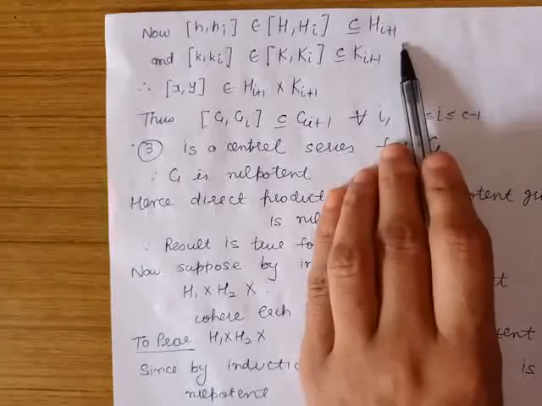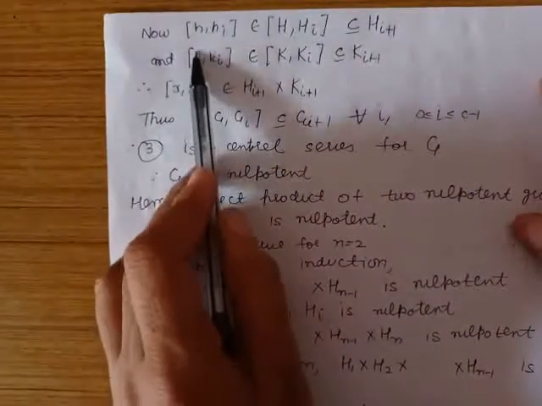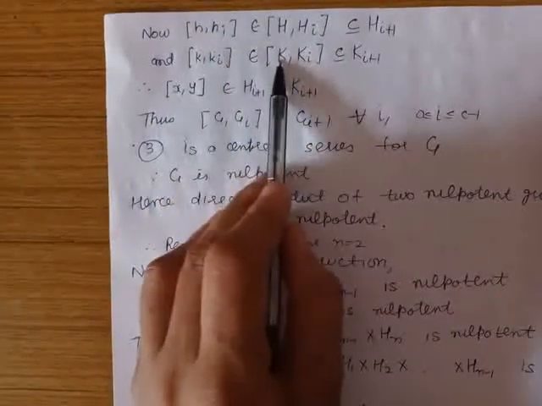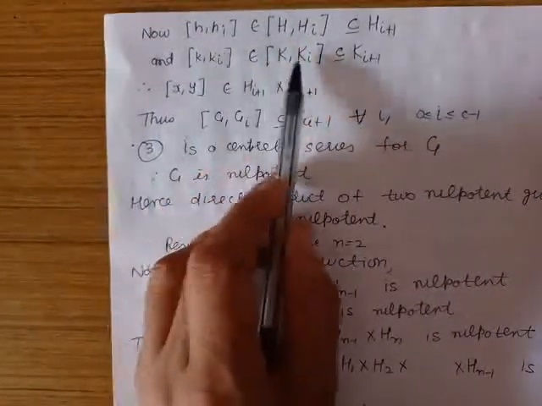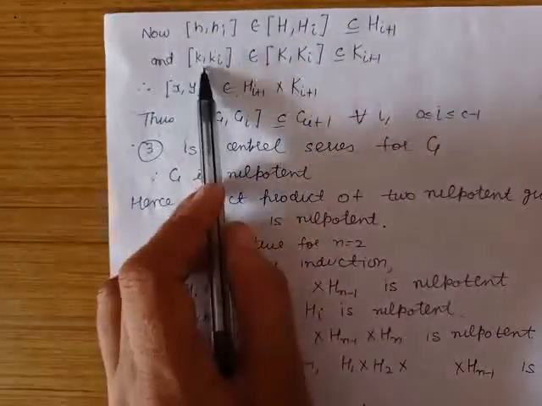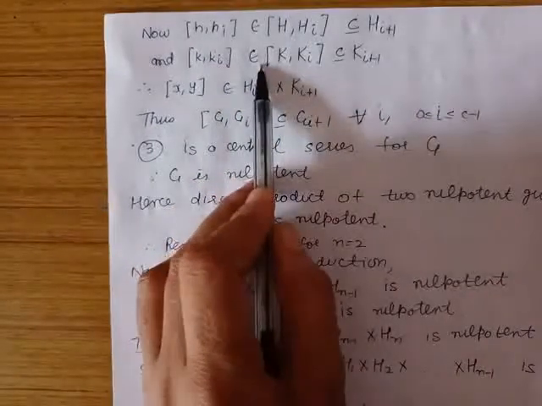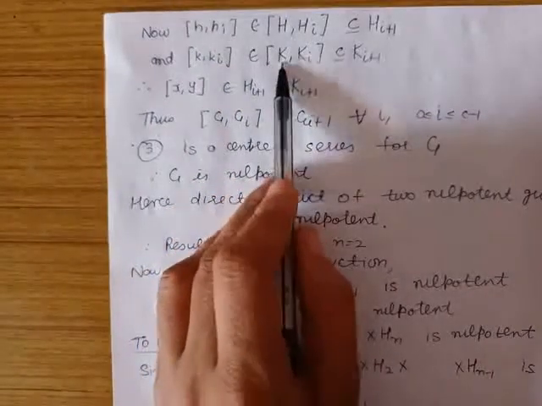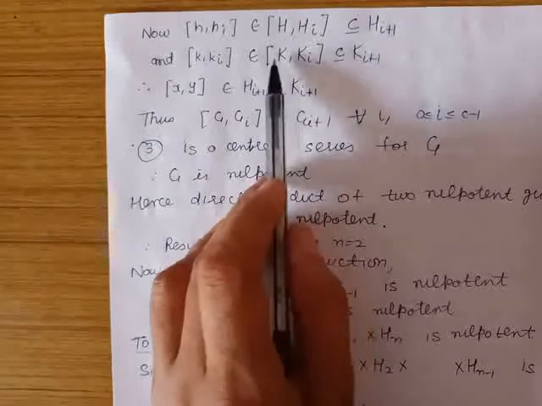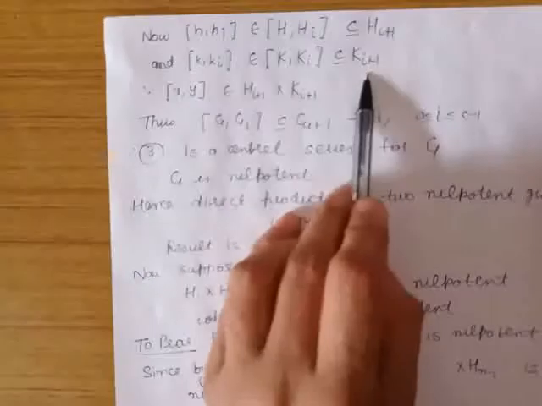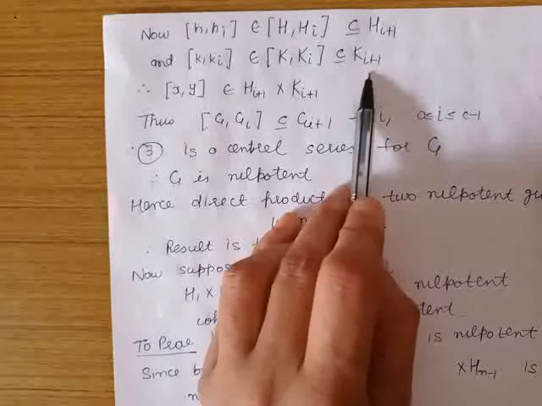Also, because the element K belongs to the group K and Ki belongs to Ki, this commutator belongs to the commutator of K with Ki, and the commutator of K with Ki is contained in Ki plus 1.